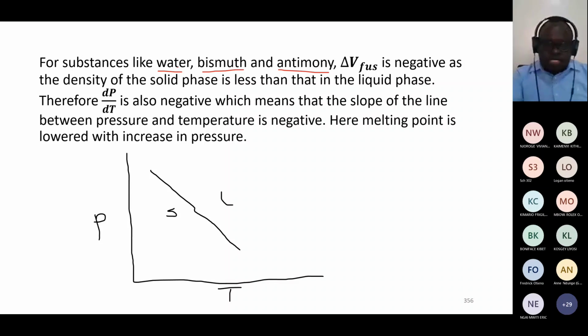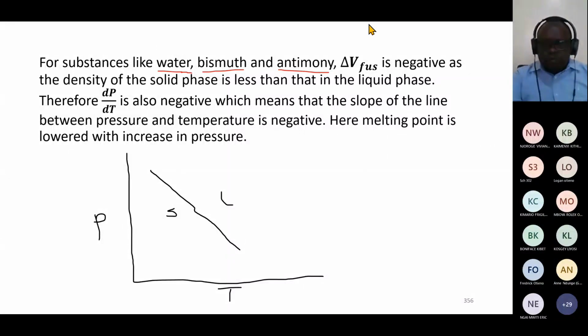I think you can do this experiment with water. You can take a bottle, whatever kind of bottle, and fill it with water. If you put it in a freezer, you notice that there's some expansion. So when you're moving from solid to liquid, there's a decrease in the volume, okay? So for water, bismuth or antimony, delta V fusion is negative, as the density of the solid phase is less than that of the liquid phase.